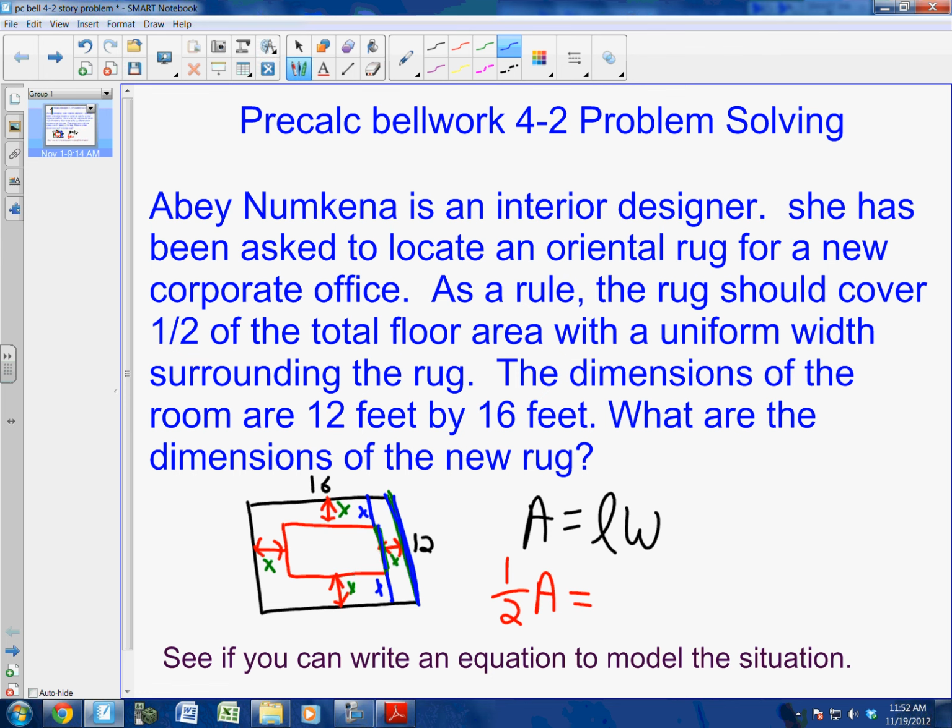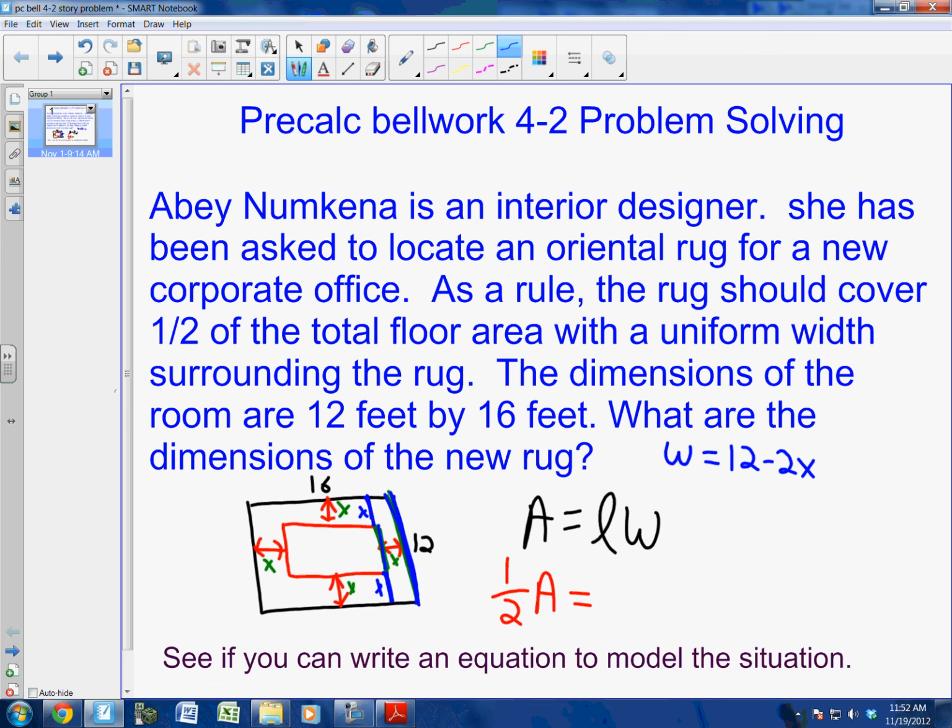So what's an expression I can write? 12 minus 2X. I'm going to say that's the width. W equals 12 minus 2X. It's the width of the room minus the 2X's that we cut off the ends, right?